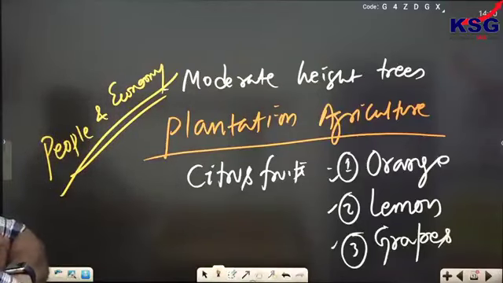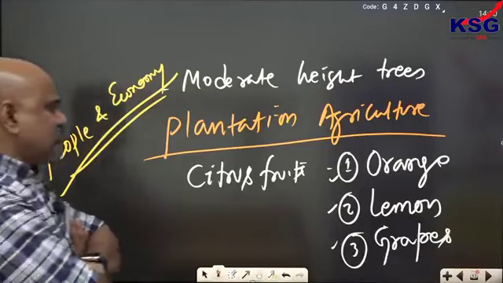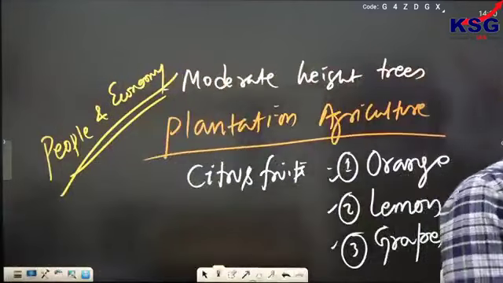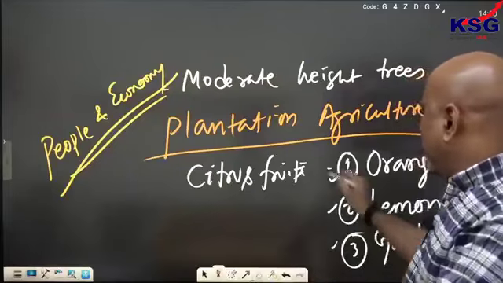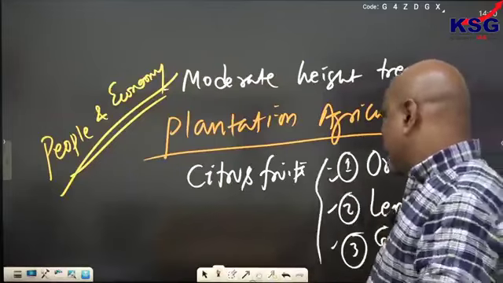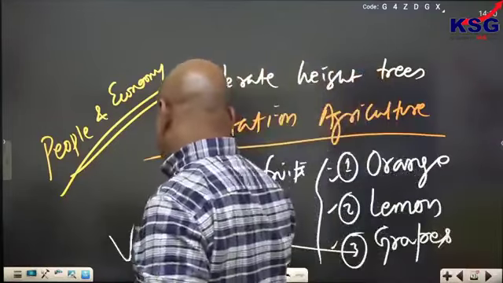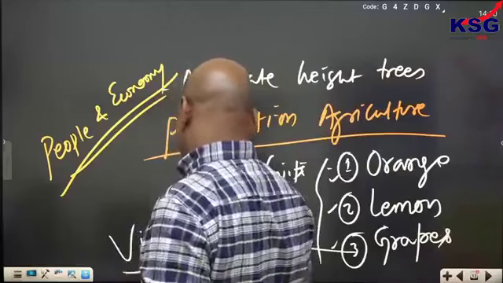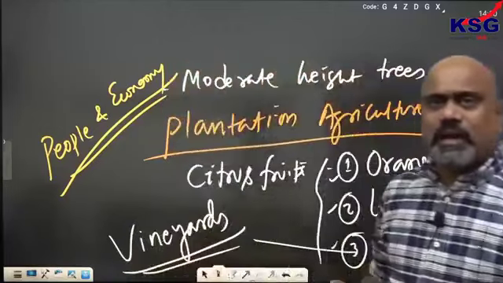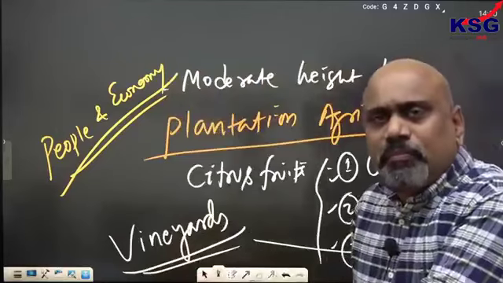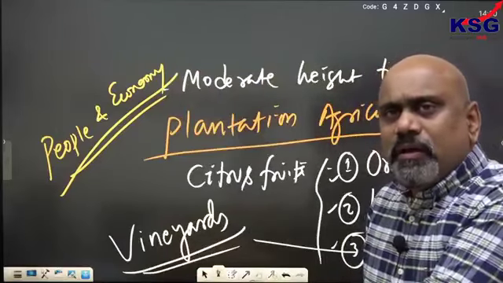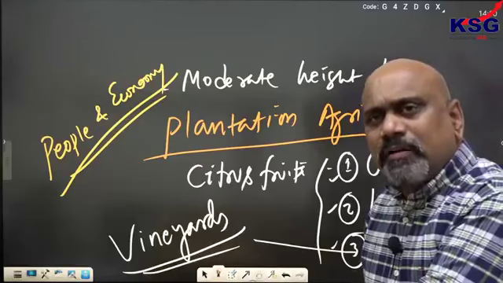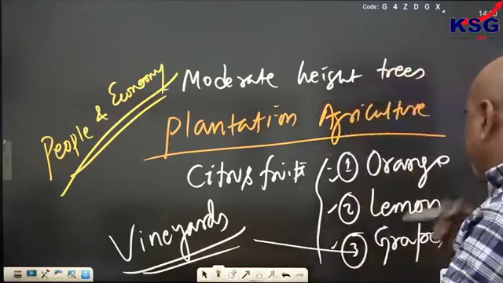Moderate height trees you have, plantation agriculture there is, citrus fruits like orange, lemon, and grapes you mostly cultivate here. So vineyards, grapevines are cultivated in these regions, and it is very dominant in the entire temperate part of the Mediterranean region.